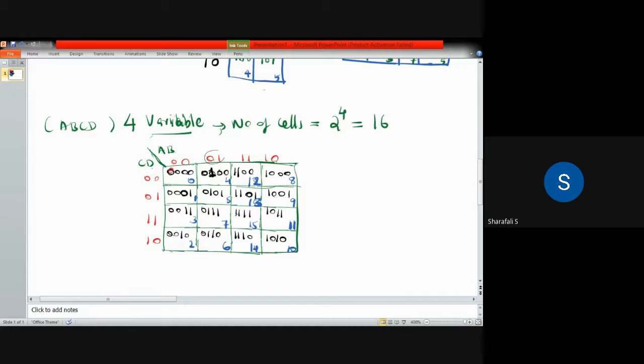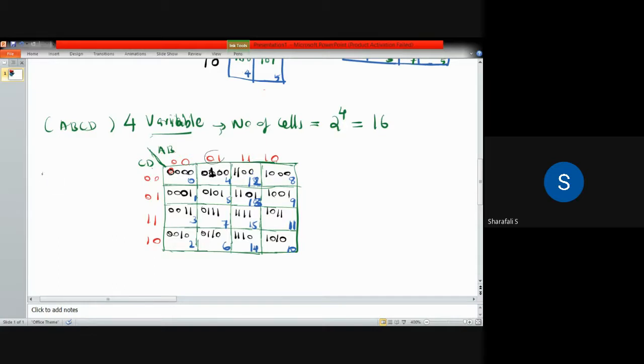So this one represents 12, then 13, then 15, 14. This is 14, this one is 15. You can just convert these values.